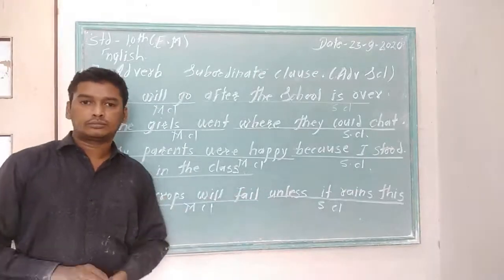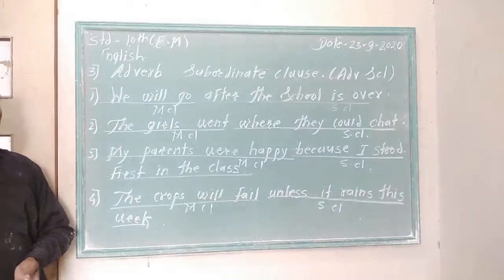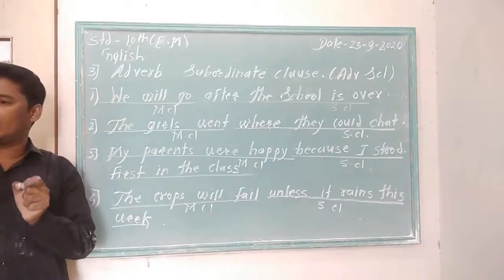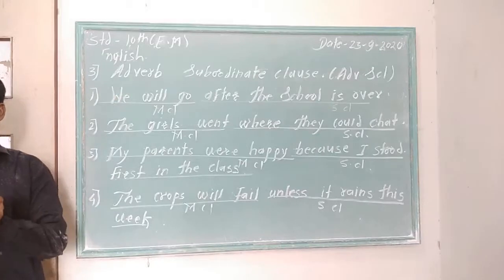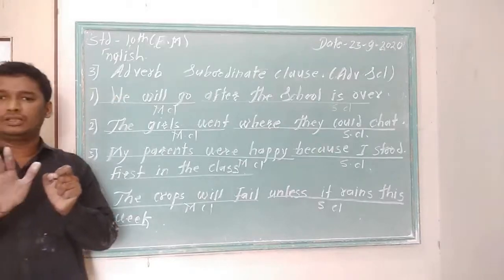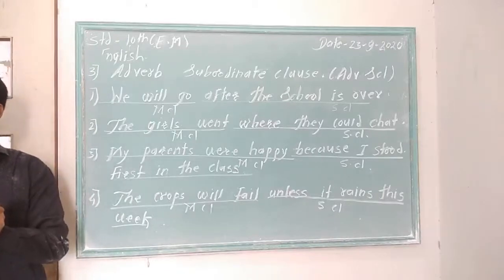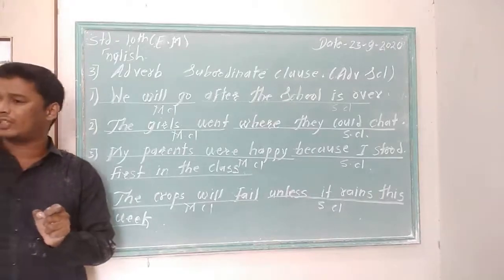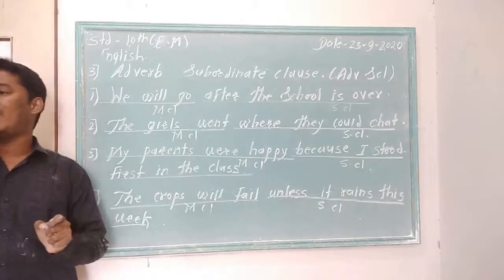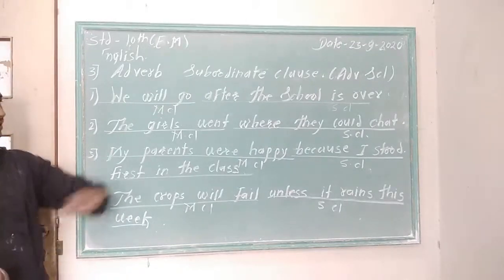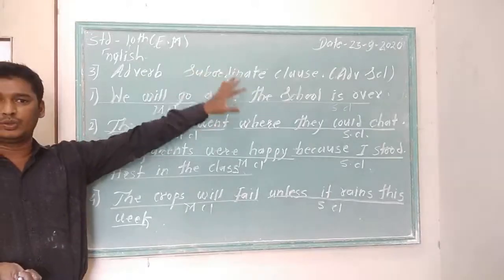Okay, now let's learn how to identify whether the given subordinate clause is an adverb subordinate clause. I have just told you the definition of adverb. Adverb is a word which tells more information about an action, an adjective, or another adverb in the given sentence. The same feature should be used here.